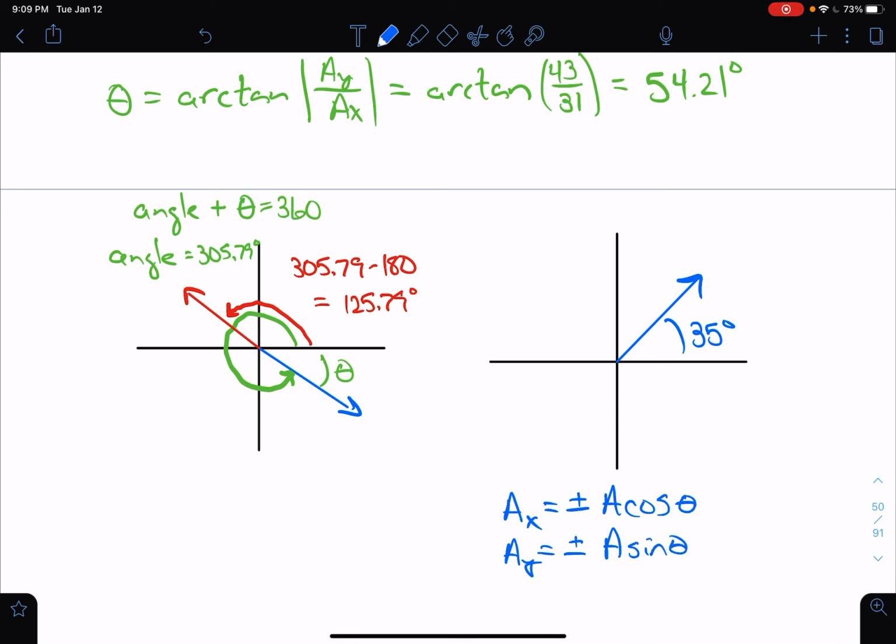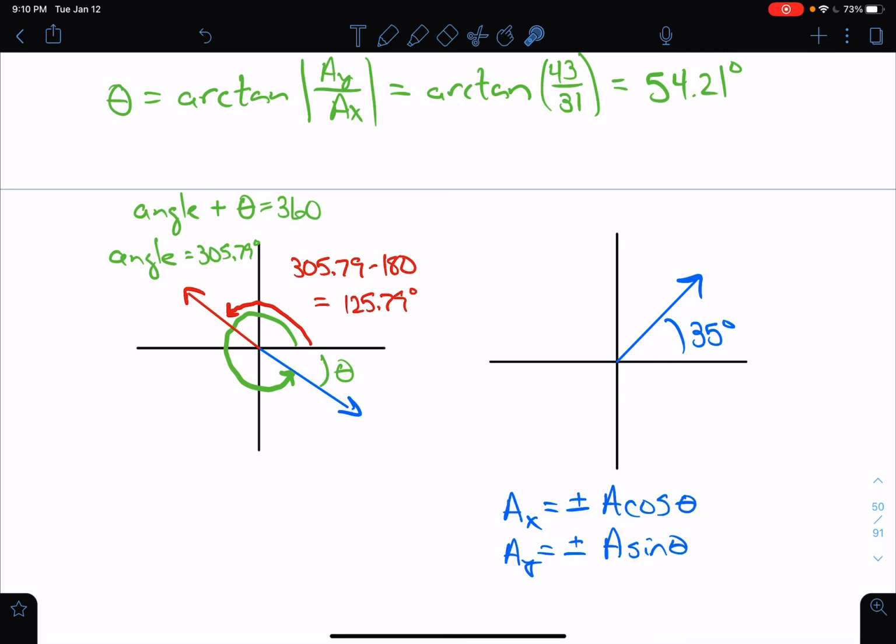Now remember, the plus or minus is there because we have to identify whether the component is supposed to be positive or negative. In my case, my vector here is in the first quadrant, so both of my components should be positive. But if my vector was in the second quadrant, I would choose negative here for the x component because this is a negative x component but a positive y. If it was down here, I would choose negative for both, and of course if it was in the fourth quadrant, negative y but positive x.